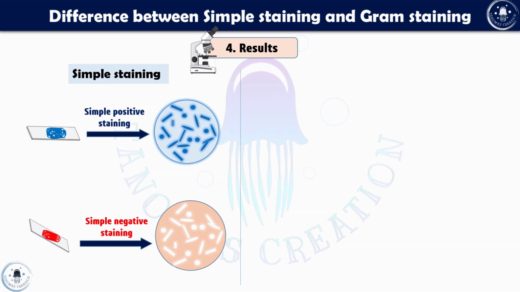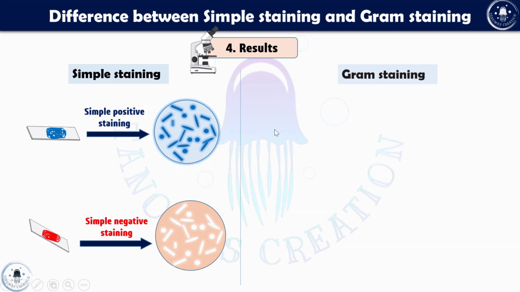In both the simple positive staining and simple negative staining, you can clearly visualize the morphological structures, whether it is a coccus or rod shaped. However, you cannot see their structural composition, and you cannot differentiate them based on it.